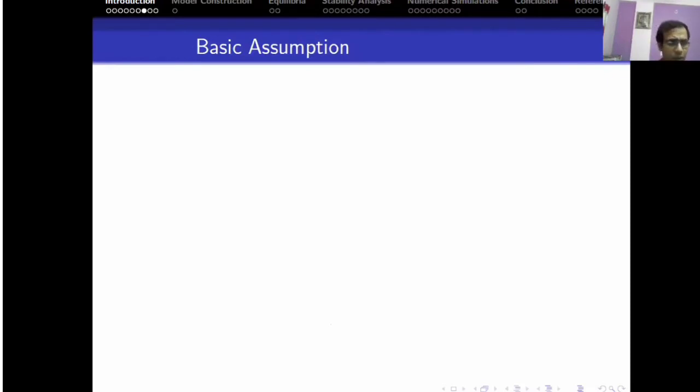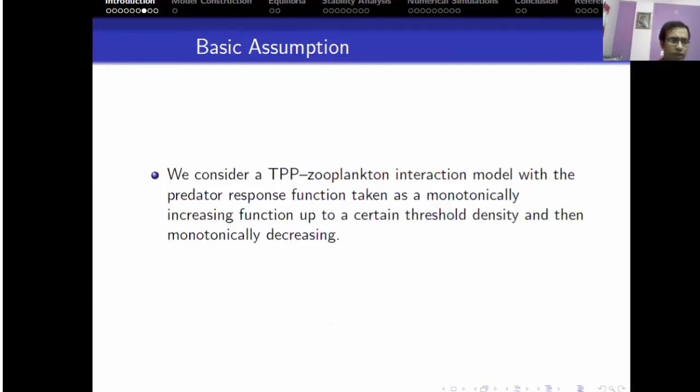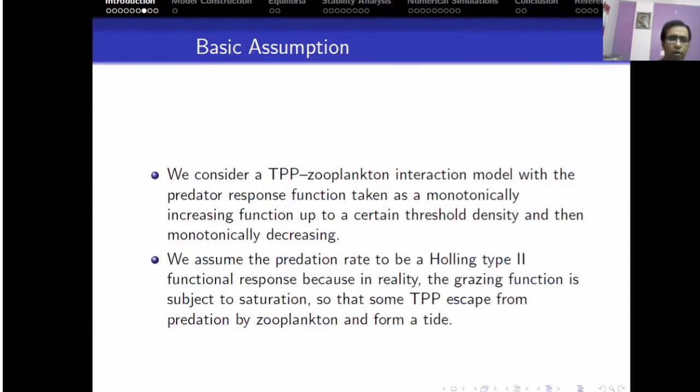To construct our mathematical model, we consider some basic assumptions. Firstly, we consider a TPP-zooplankton interaction model. TPP means toxin producing phytoplankton, with predator response taken as a monotonically increasing function up to a certain threshold density and then monotonically decreasing. We also assume the predation rate to be a Holling type 2 functional response because in reality the grazing function is subject to saturation, so that some TPP escape from predation by zooplankton.